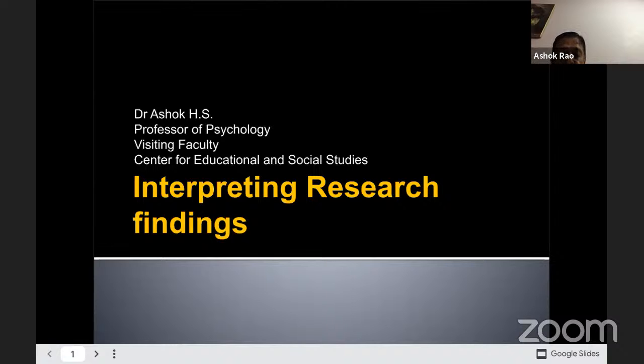One important point with regard to interpretation is that no matter what analysis you do, no statistics will go against common sense, so use common sense before you finally interpret your research data. So the three components of interpretation are the data, the analysis, and the interpretation.